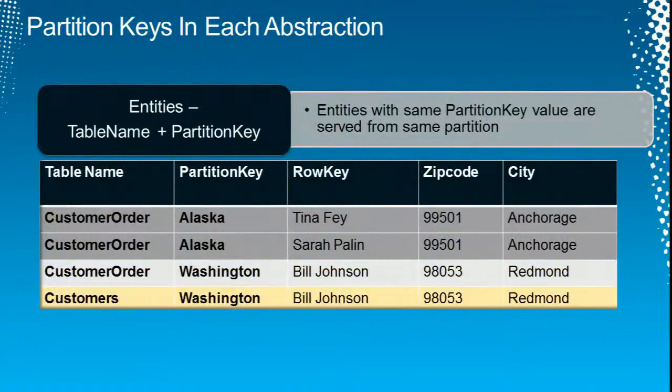For table, it is the table name and the partition key value. So we had a column called partition key. That's what gives you control. It is not bad to have a single partition. It is not bad to have every row in its own partition. Both are acceptable, depending on your traffic needs.